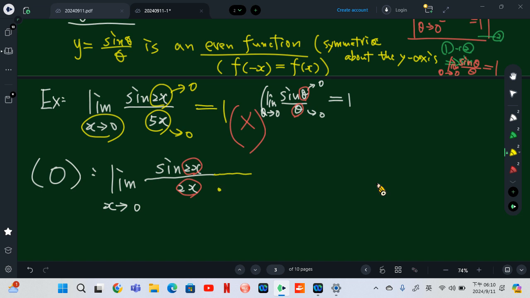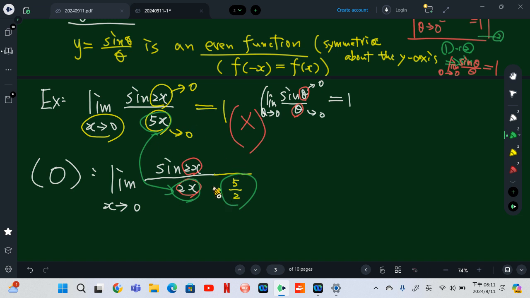Here, after I rearrange the numbers, you can see I converted 5x to 2x times 5 over 2.